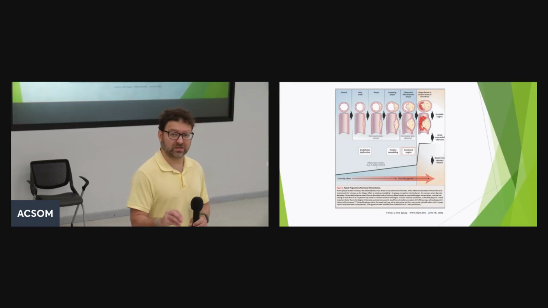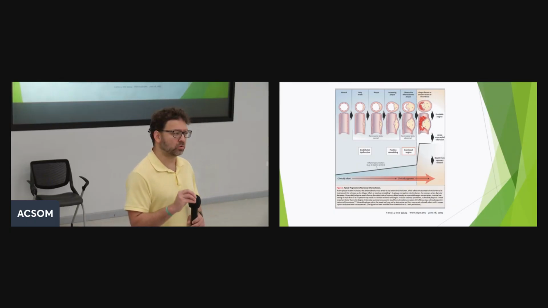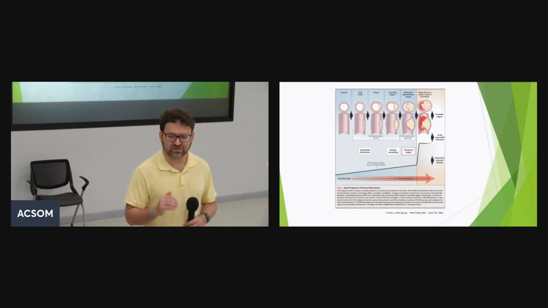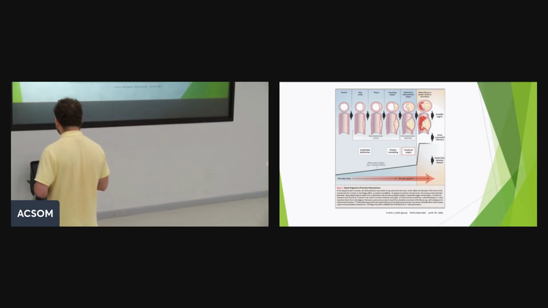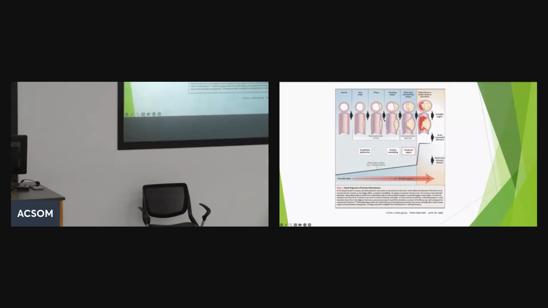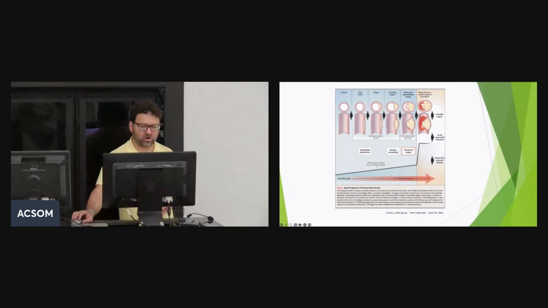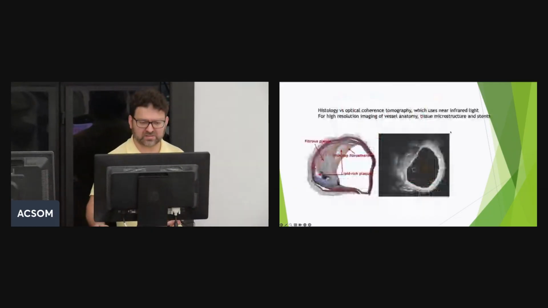But the bottom line is, when the plaque ruptures, that's what we call acute coronary syndrome. The syndrome is a sequelae of events that occurs due to an inflammatory condition. Okay? When the plaque ruptures, a whole slew of events occur that causes the clinical manifestations.